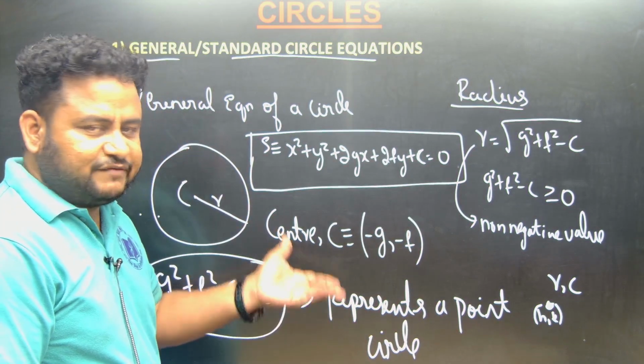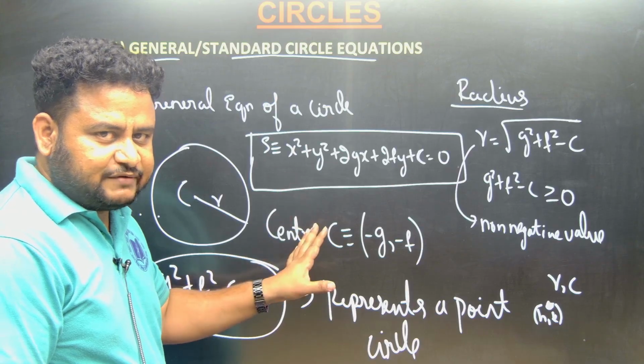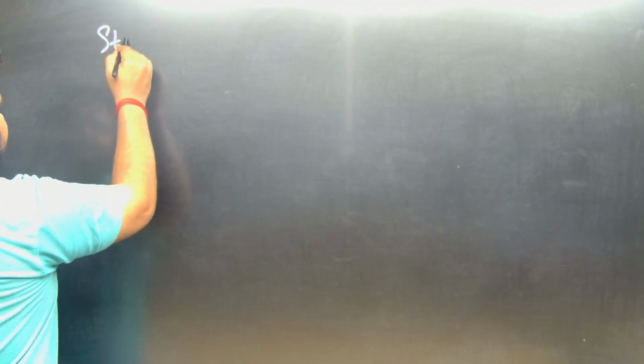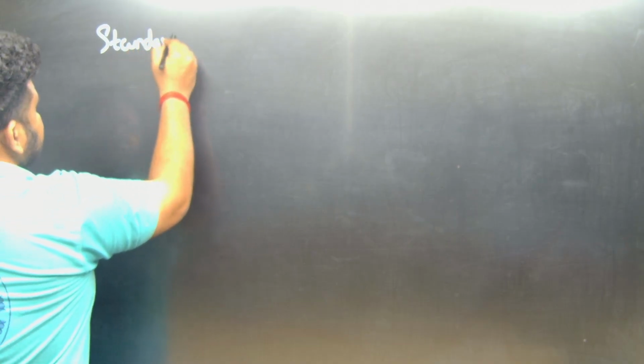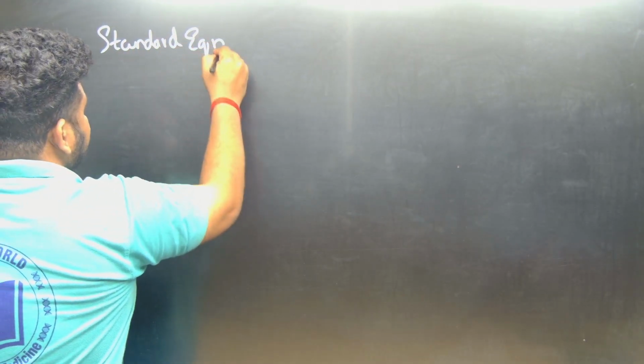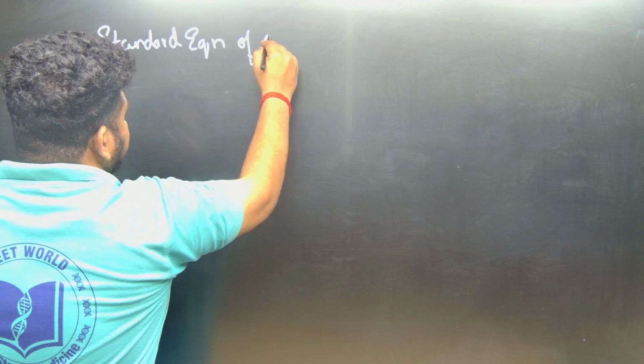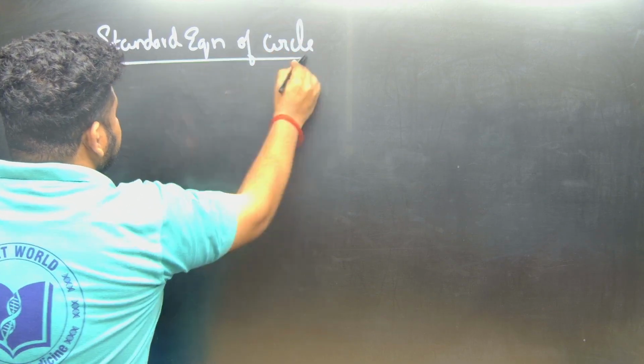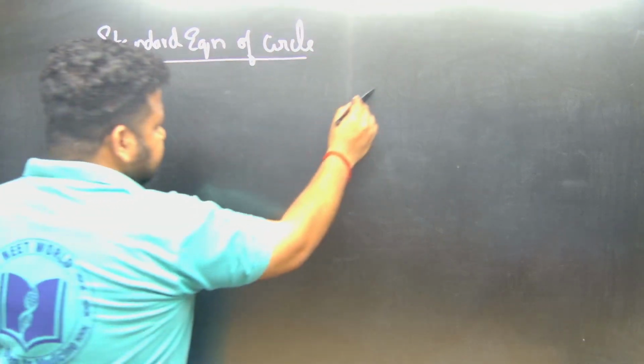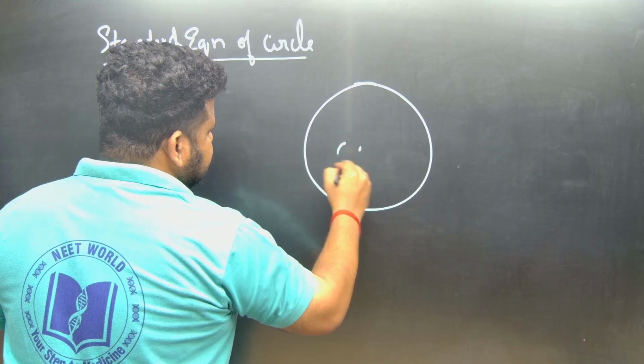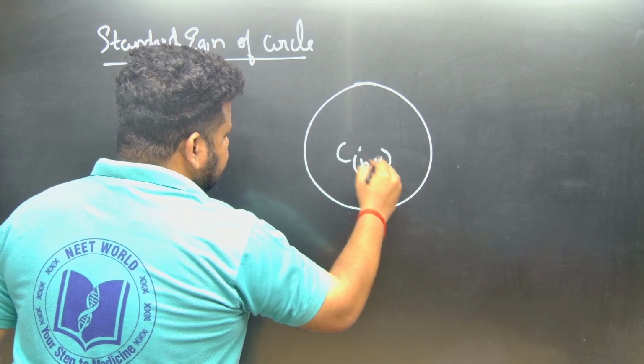Already I told you the definition of circle, and through that I told you the standard equation of the circle. But let us do it again. What is the standard equation of the circle, and how is it different from the general equation of the circle? Let there be a circle with center C h comma k and radius r.